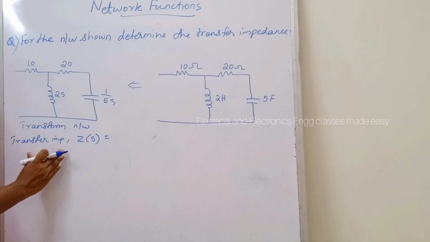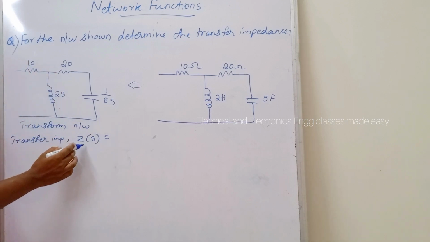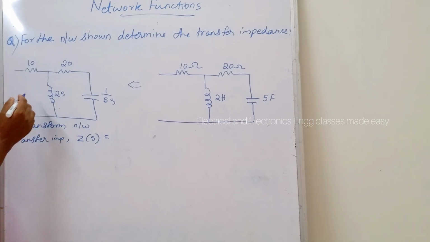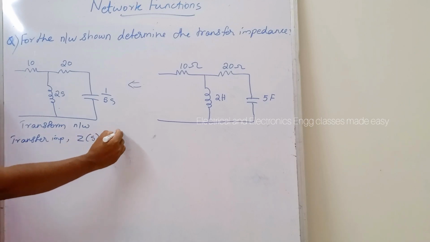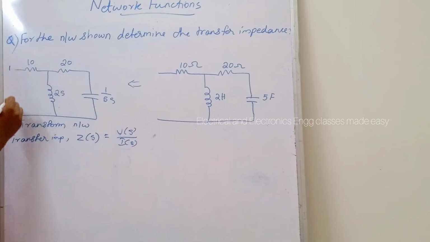If it is a two port network, then it will be Z12 or Z21 like that. Here, this is a one port network, so the transfer impedance is Z of S, that is V of S divided by I of S. So we have to find the value of Z of S.